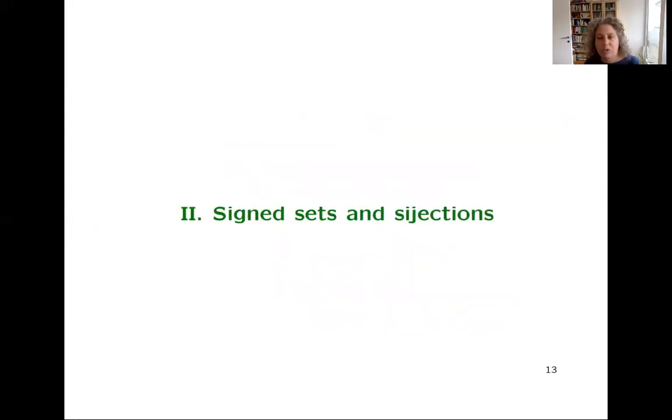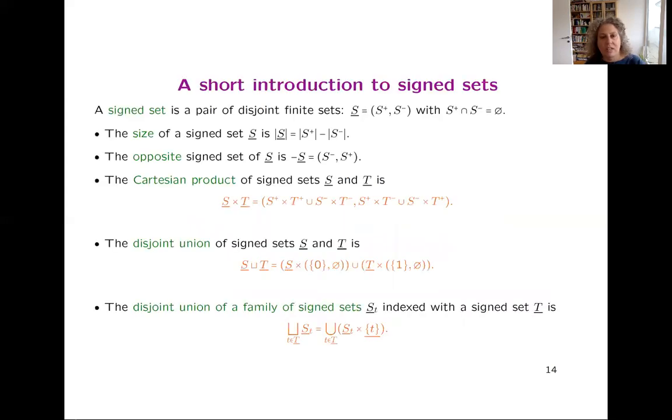And now it's time to move to the second part, and I will show you the general constructions. So we work with sign sets. A sign set is divided into a positive and a negative part. The size of a sign set is the difference between the cardinality of the positive part and the negative part.